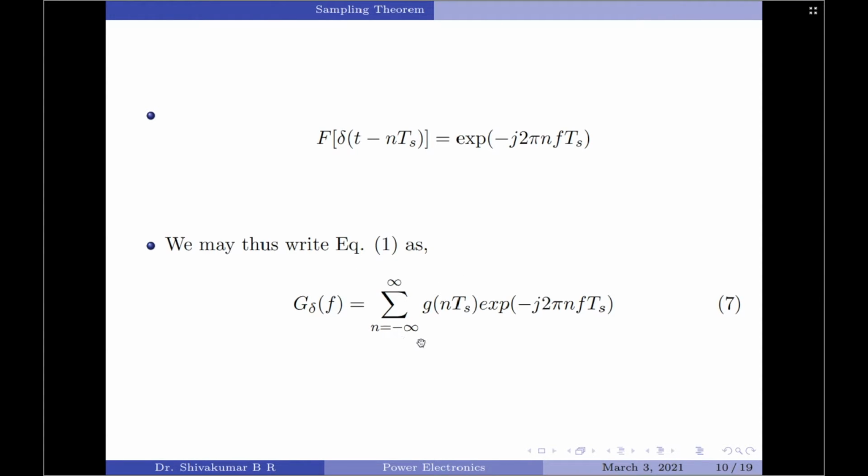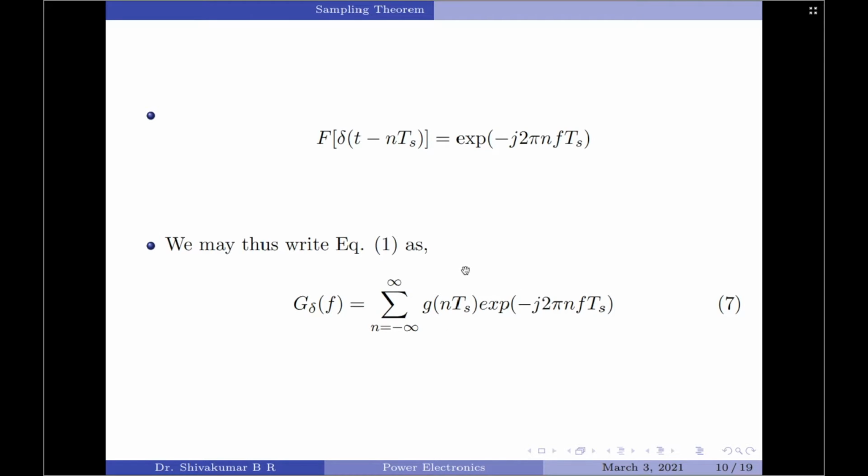which is equation 7, which is G delta of f equals summation n varying from minus infinity to plus infinity G of n Ts into exponential of minus j 2 pi n f Ts. It should be noted that we have retained G of n Ts as it is because it is a sample and can be considered as a constant.